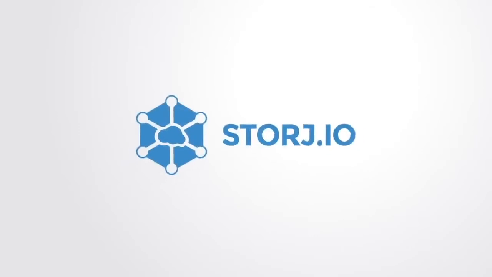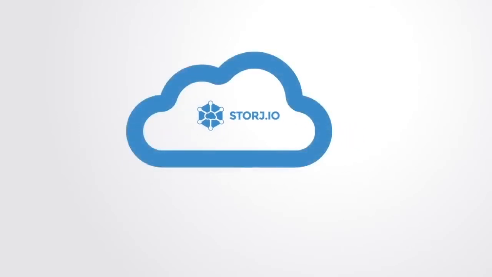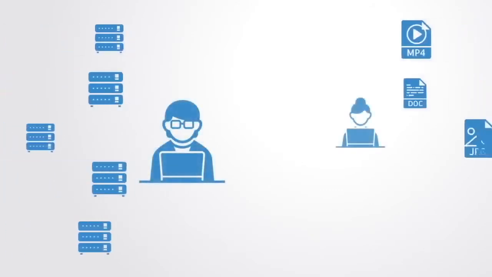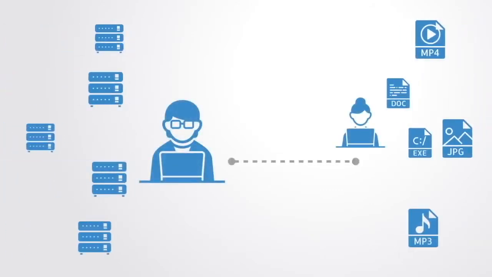Another example is Storge, which is a decentralized cloud storage application similar to Dropbox. Storge is based on blockchain technology and peer-to-peer protocols to provide a secure, private, and efficient cloud storage system. The application incentivizes storage providers and connects them with those who require it.